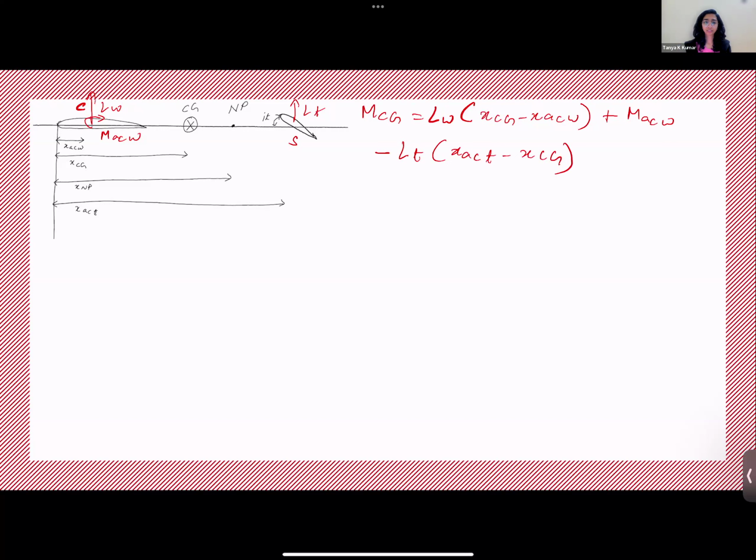How do we non-dimensionalize this? Divided by half rho V squared S C. So we divide by that.